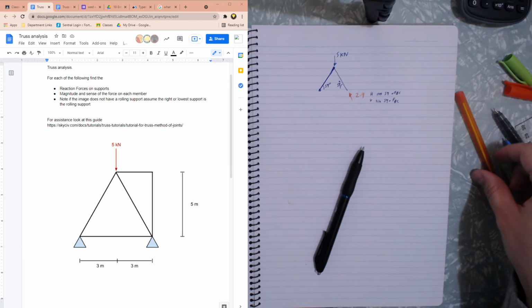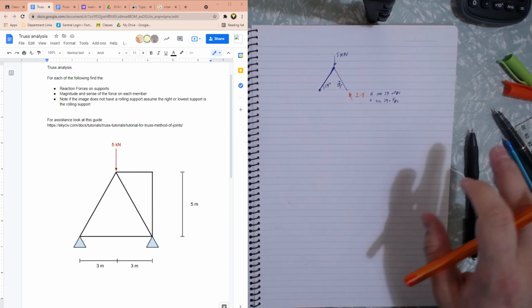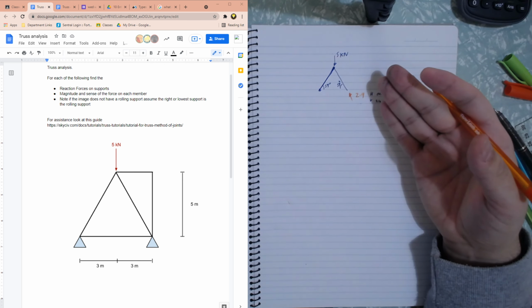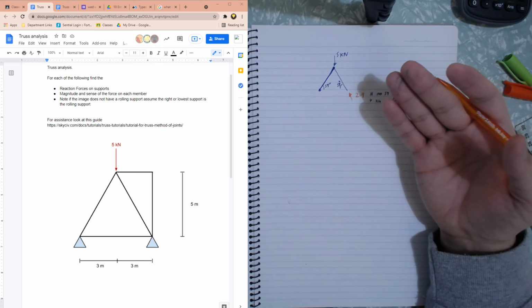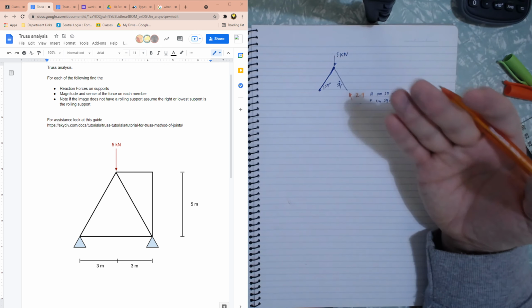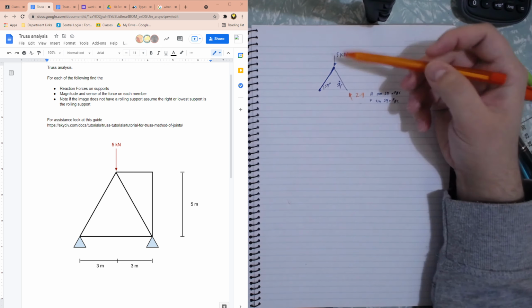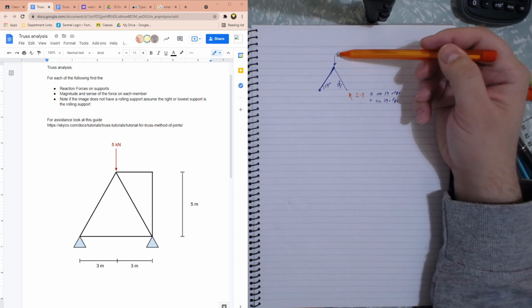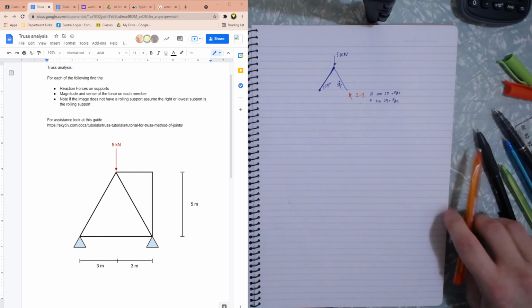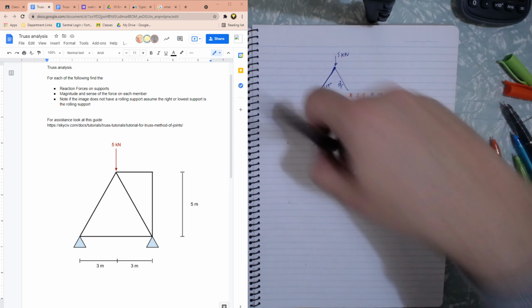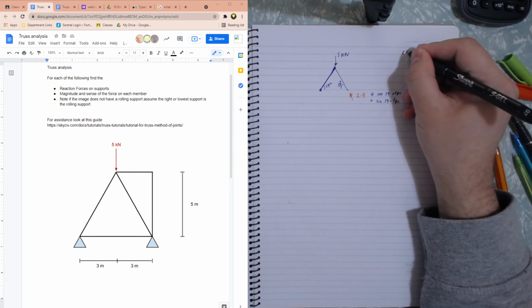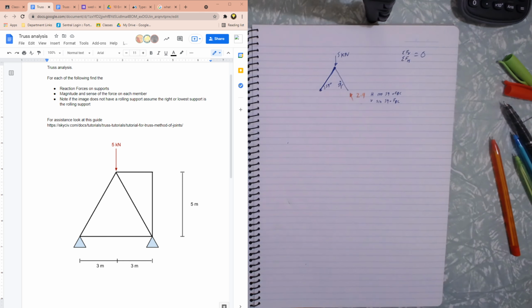We don't know the direction that this force is going in, but for this example, I would like to show you something called smart guessing, quick maths. We know this is a force going down, and in our equation we are going to have to deal with the sum of all forces vertical and the sum of all forces horizontal equals 0, because we're dealing with equilibrium.